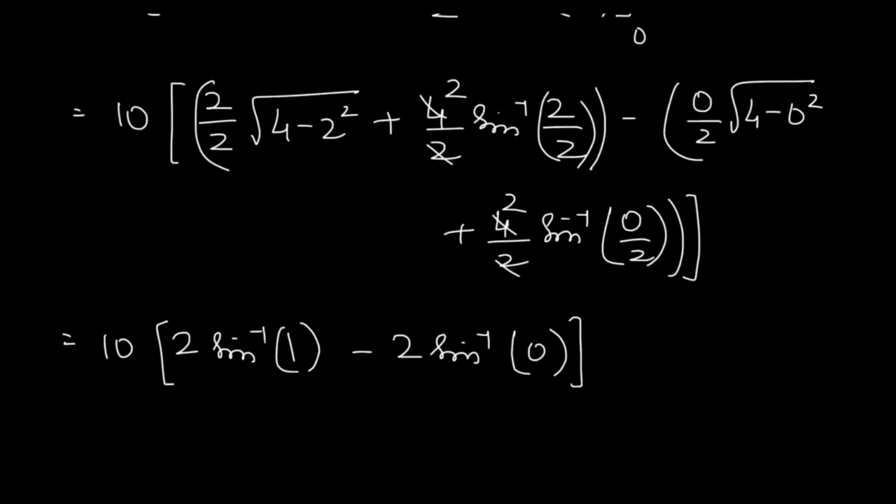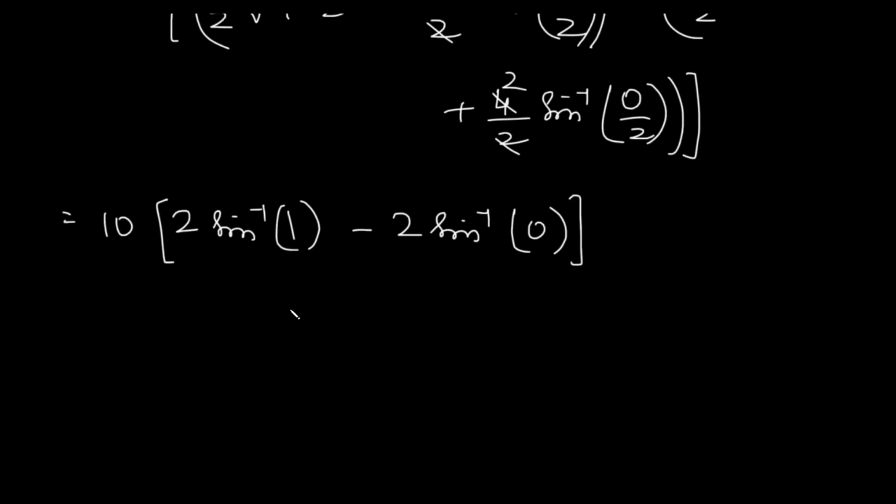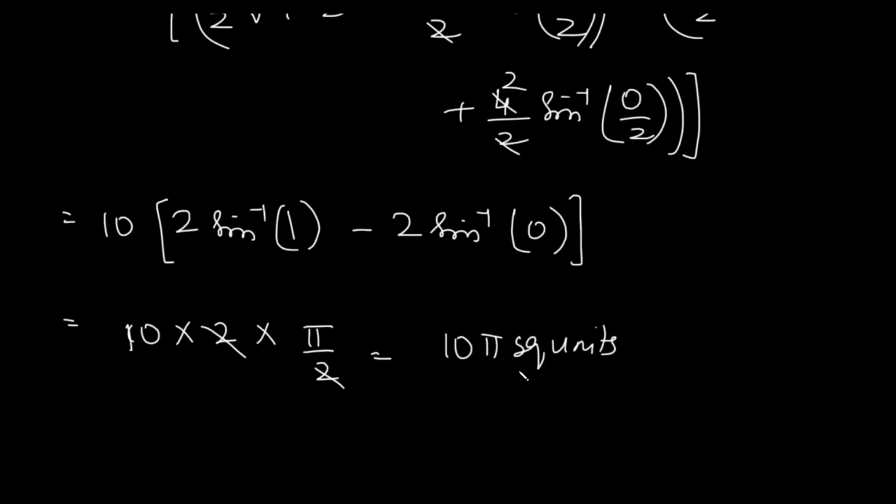You already know that sine inverse 1 is pi by 2 and sine inverse 0 is 0. So we get the answer as 10 into 2 into sine inverse 1, and sine inverse 1 becomes pi by 2. So this 2 gets cancelled, and the area comes out as 10 pi square units. Thus we have found the area of the ellipse using integration.